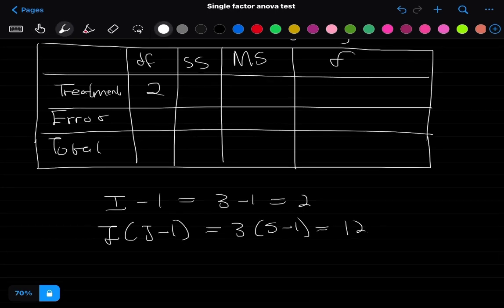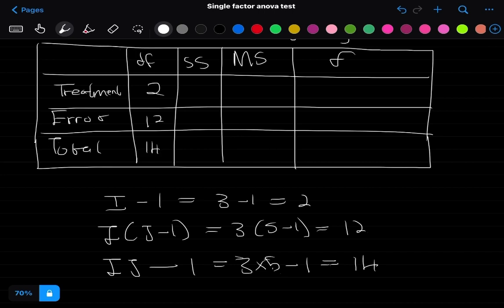And lastly, the degrees of freedom for the total is I times J minus 1, which is 3 times 5 minus 1, which is 15 minus 1, which is 14. So it's going to be 12 and 14.